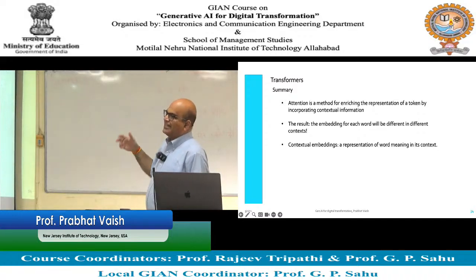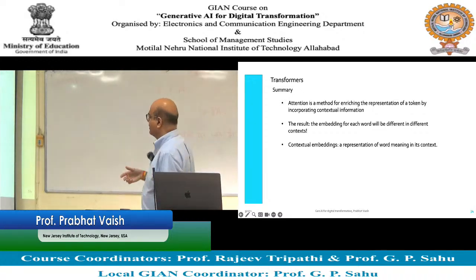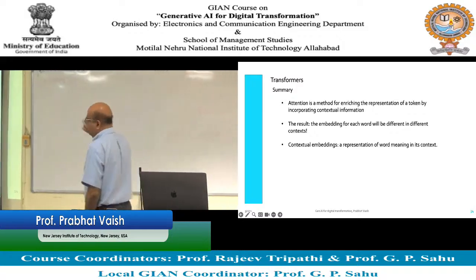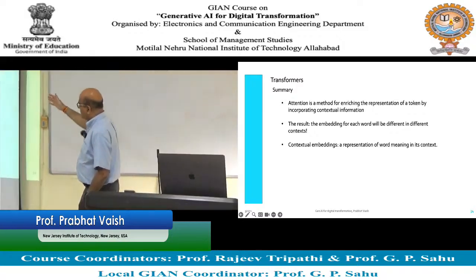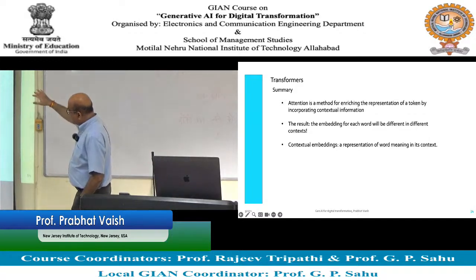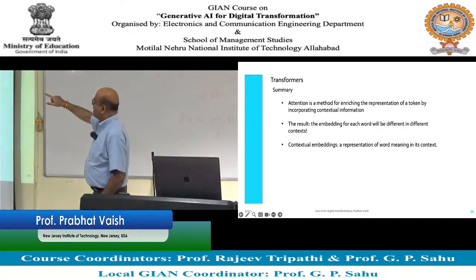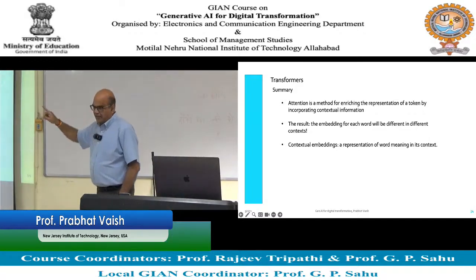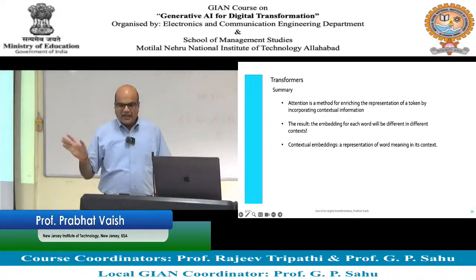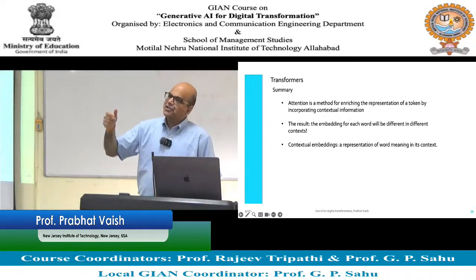GPT-3 has 96 different types of attention heads, which means there are theoretically 96 different types of information they are looking for. Not all of them have been published, some have been, some have not. I gave you an example of just 3 at this point. The result is that the embedding for each word will be different in different contexts. I had mentioned this earlier: bank has 2 meanings.